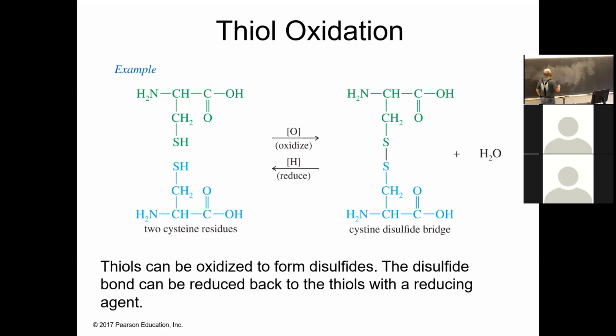If we have some kind of globular protein, one of the ways that it holds its three-dimensional shape is to form these disulfide bonds. There are other ways, like hydrogen bonding and so on, but this is actually a covalent bond.